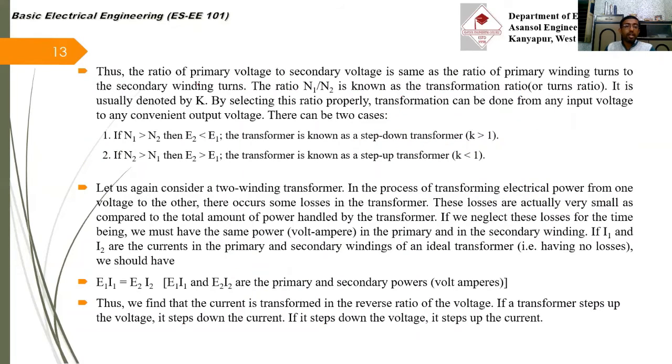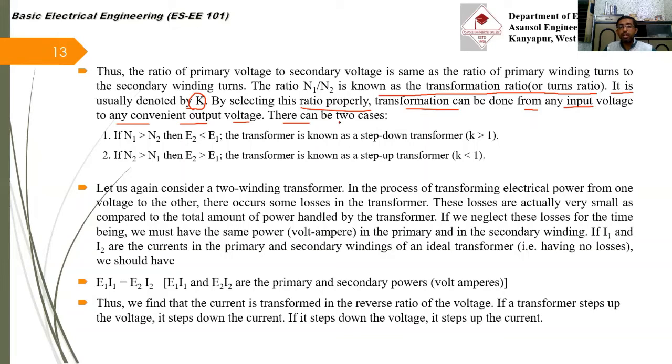The ratio of primary voltage to secondary voltage is the same as the ratio of primary winding turns to the secondary winding turns. This N1 by N2 is known as the transformation ratio or turns ratio. Usually it is denoted by K. By selecting this ratio properly, the transformation can be done from any input voltage to any convenient output voltage.